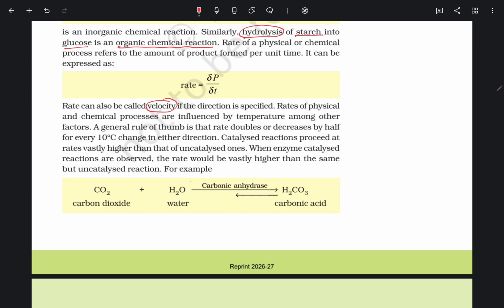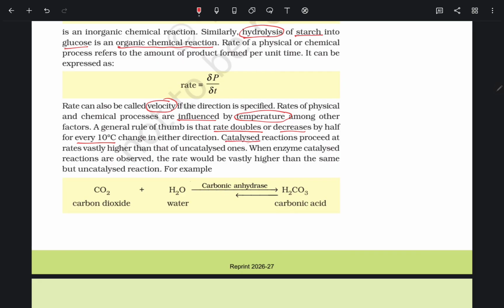Rates of physical and chemical processes are influenced by temperature, among other factors. A general rule of thumb is that the rate doubles or decreases by half for every 10 degrees Celsius change in either direction.